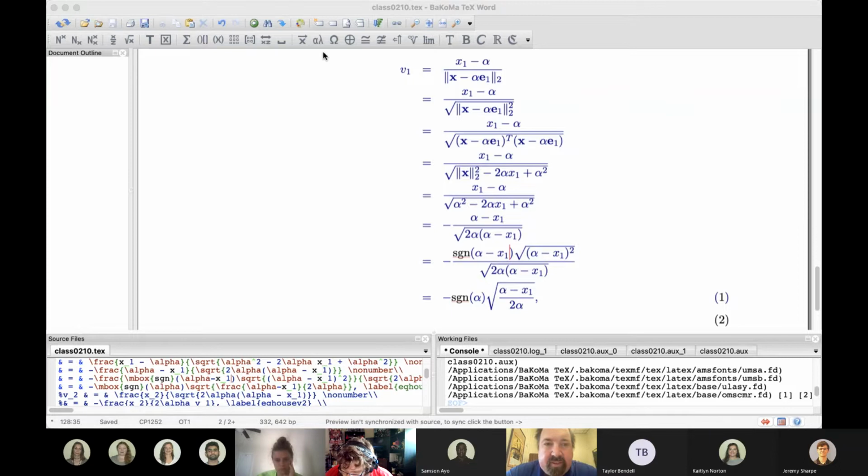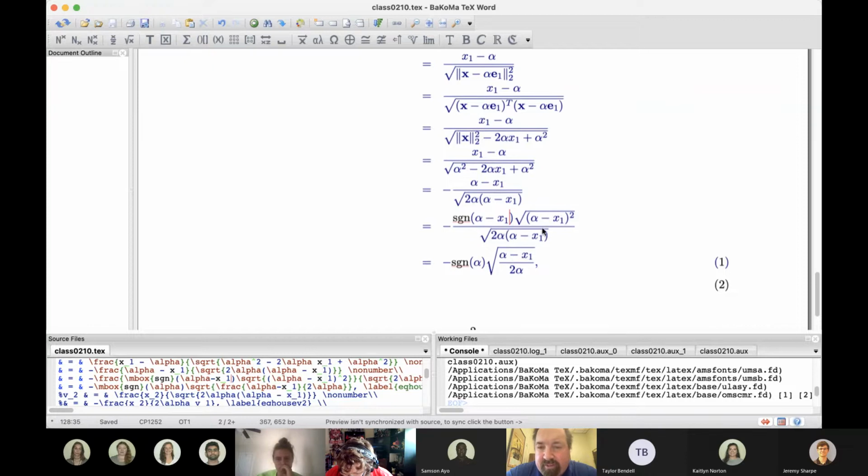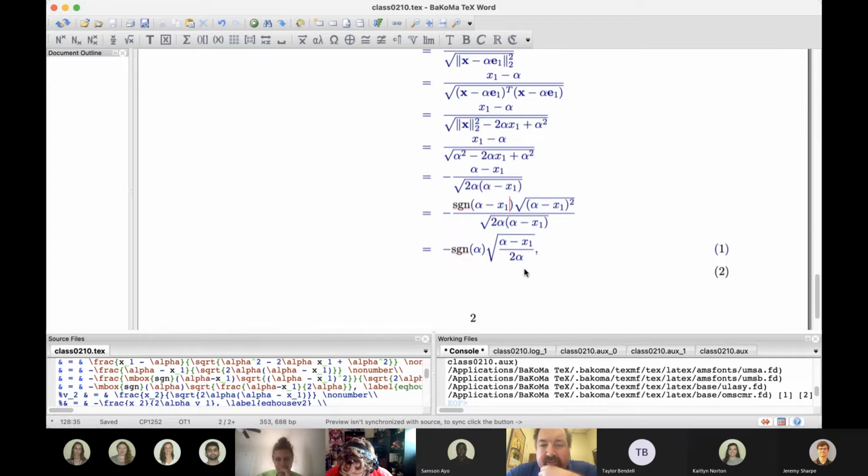Okay. So the sign of alpha minus x1 happens to match the sign of alpha because alpha is guaranteed to be greater in magnitude than x1. So now I can simplify here and I get this. So here's my simplest possible expression for the first element of V using what we know about alpha.